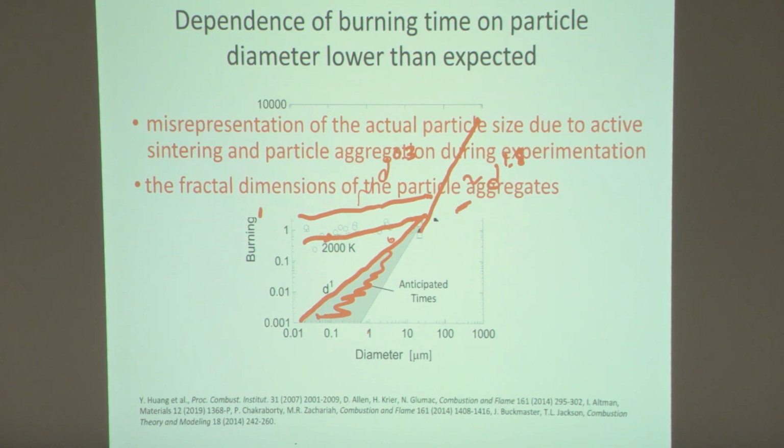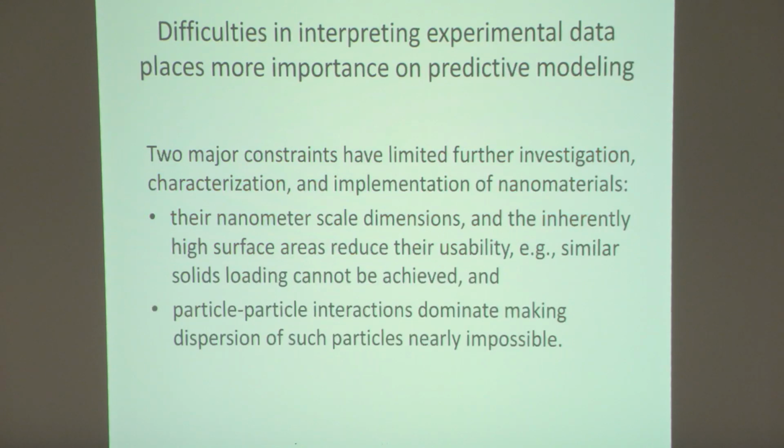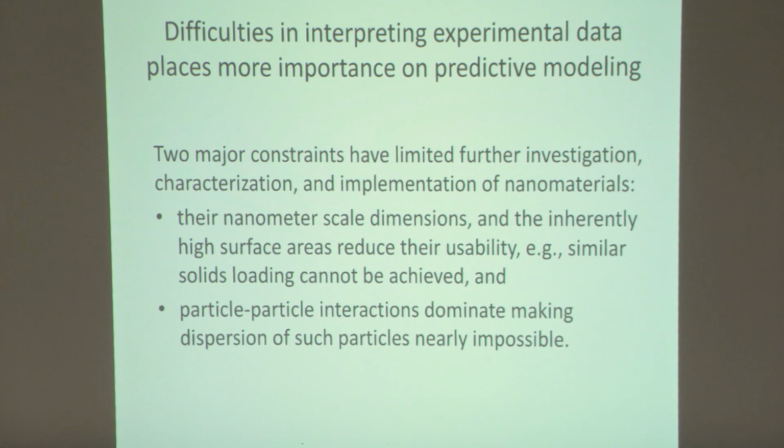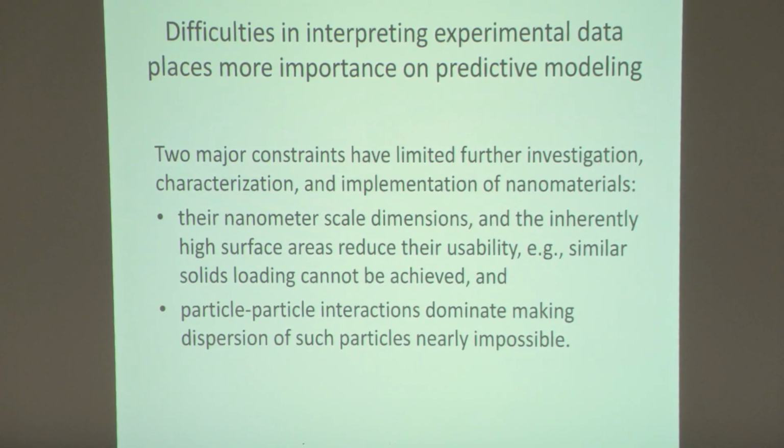People have shown the fractal dimensions of the particle aggregates can actually affect the burning process. And as we talked about before, the small particle size relative to the molecular spacing, the large Knudsen number, could also affect the heat transfer process and the burning time. So I note that difficulties in interpreting experimental data place more importance on predictive modeling. Two major constraints have limited further investigation, characterization, and implementation of nanomaterials.